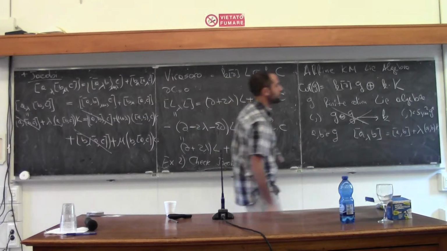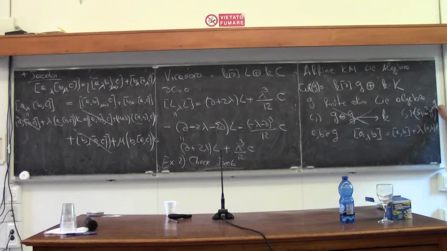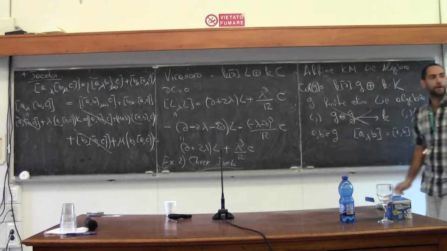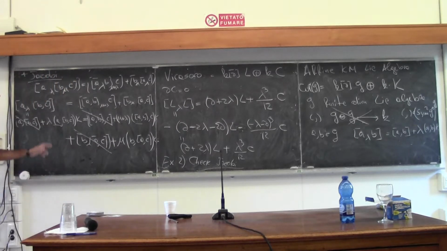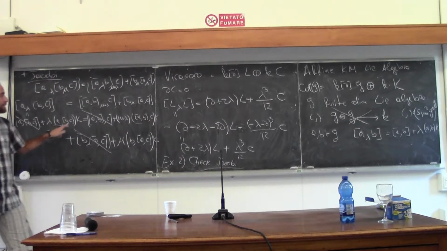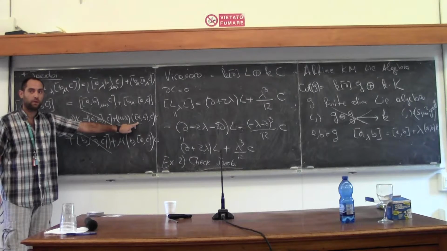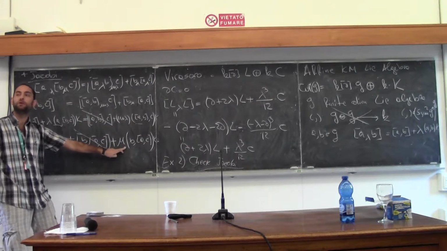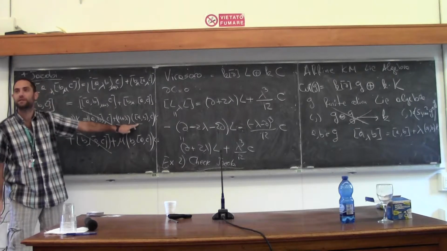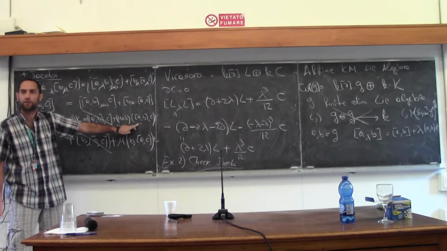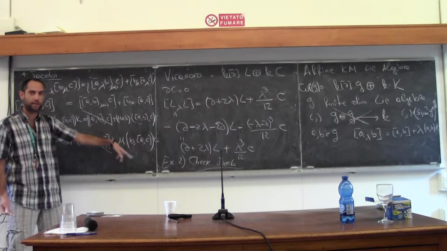So this should live in invariant forms. And for the second term, I killed this lambda with this lambda, but now I'm left with this mu. But this is minus this, using the invariance of the form. So this doesn't give me any extra condition.